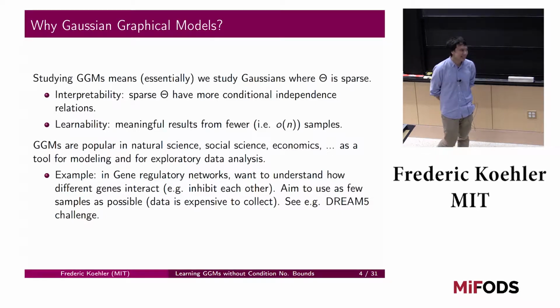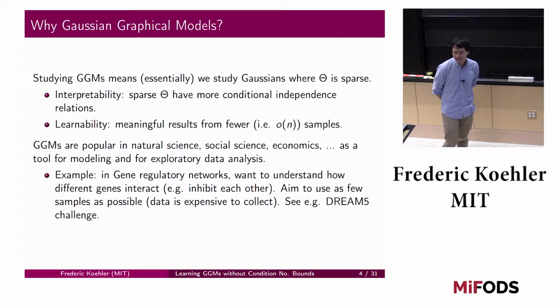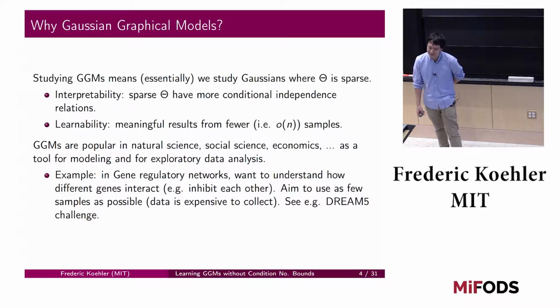Another reason, which is very important in practice, is that such a model could be learnable from fewer samples than a general Gaussian distribution. If I want to learn the covariance matrix from data, we know from lower bounds for PCA that you need the dimension number of samples. But because I've assumed sparsity, it's often possible to learn from fewer samples.